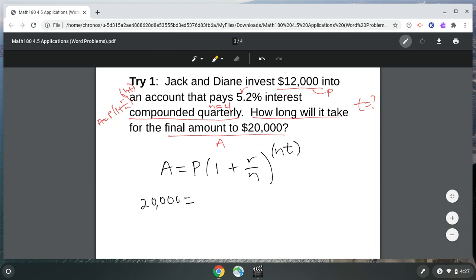Initial amount, 12,000. 1 plus interest rate, 0.052 over n, that's 4. And then to the 4 times t. t is the one that's unknown.